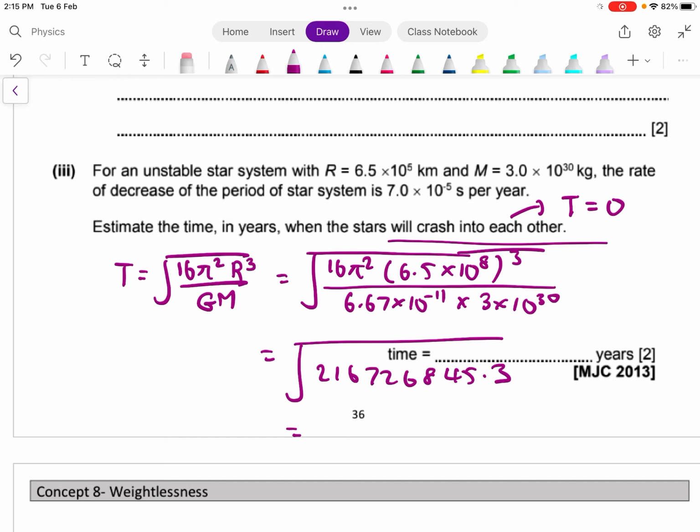My period of the binary star is about 14721.64547 seconds. This is the initial period.